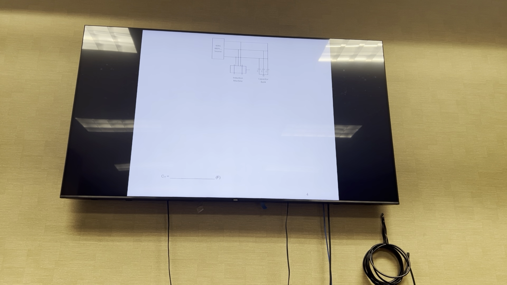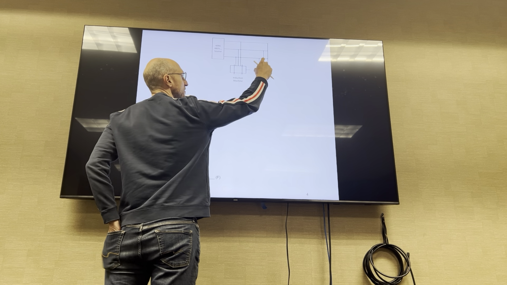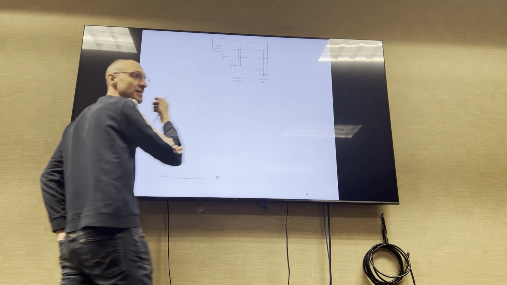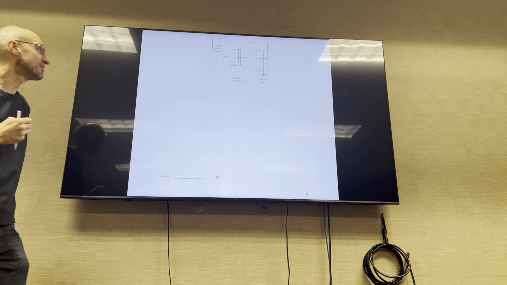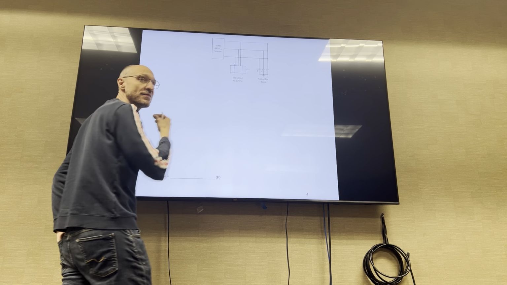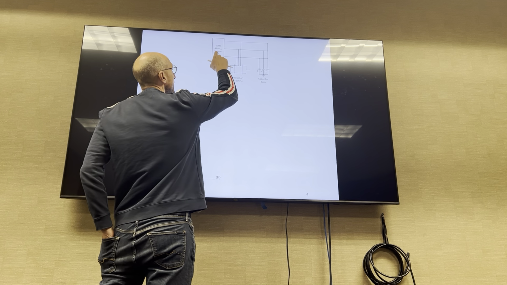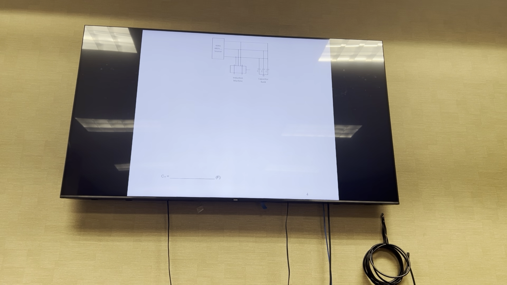So I have 3 elements, right? I don't care if this is a Y or a delta right now, because I'll just find the Y equivalent or per phase capacitance, and then I can consider if it's a delta or a Y at the very end. And then I just have a source again. I have 3 elements in here.